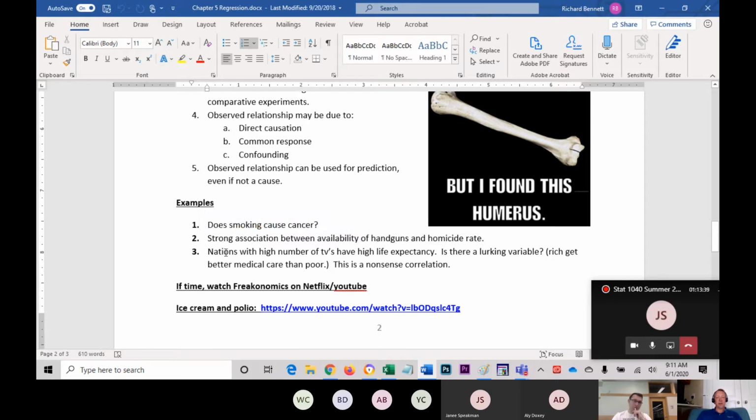But here's an example where nations with a high number of TVs have a higher life expectancy. So does that mean that if you give nations televisions, like in Africa, they don't have very many TVs, so we're just going to give them a bunch of TVs, is that going to improve their life expectancy? Does that make sense?